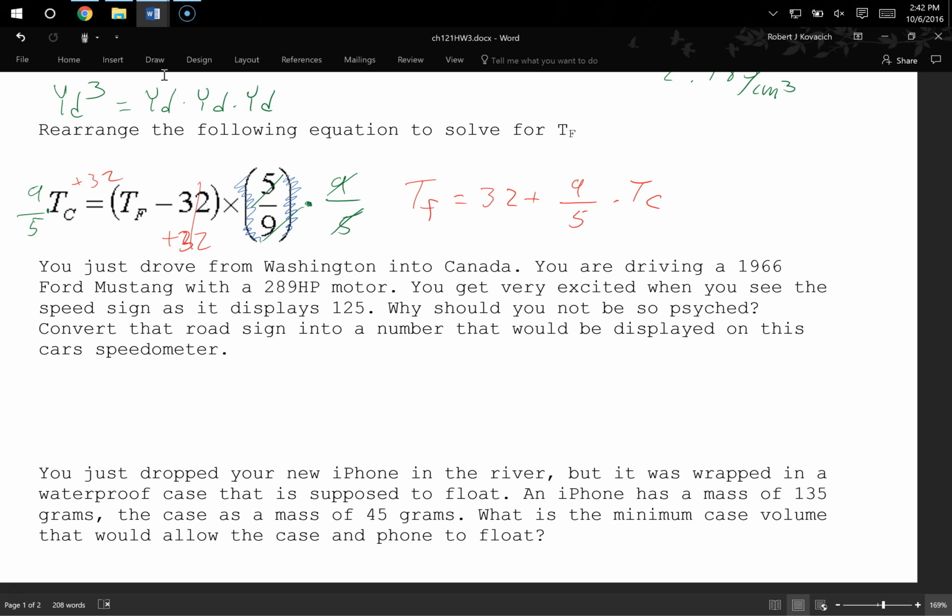Anything needed? The other parentheses is required. Without the other parentheses, tell me what would happen. It'd do 32 times 5 divided by 9, and then it would subtract that quantity from my temperature Fahrenheit, and that would give you the wrong answer.